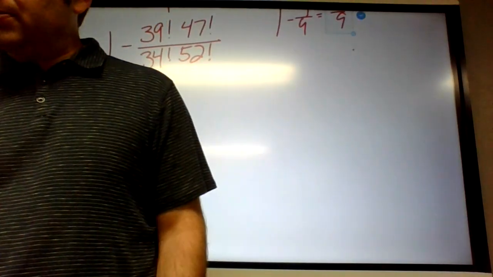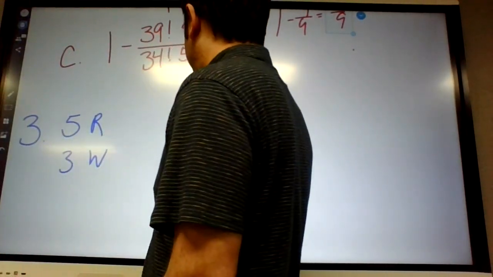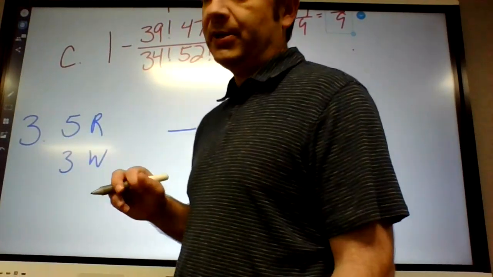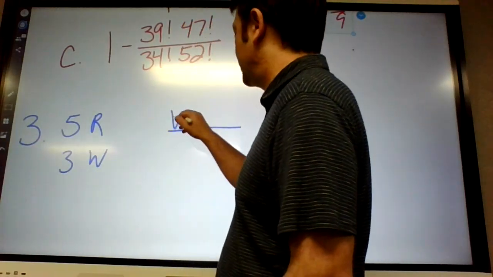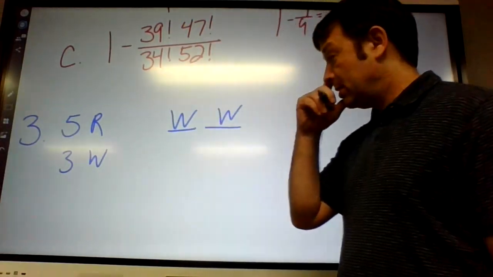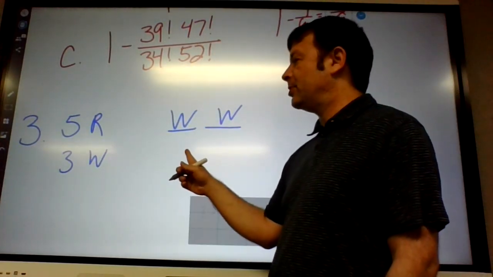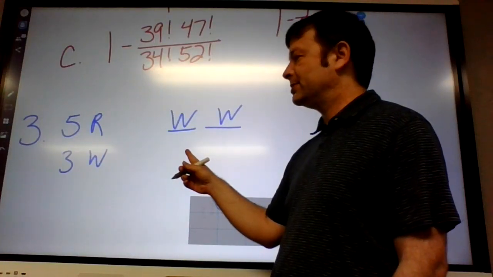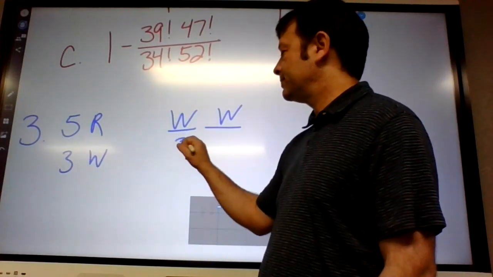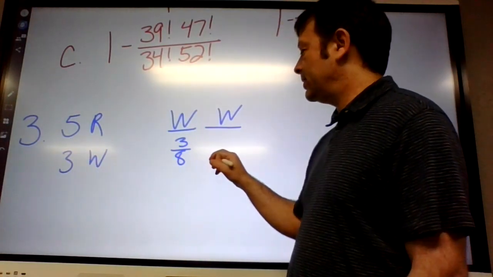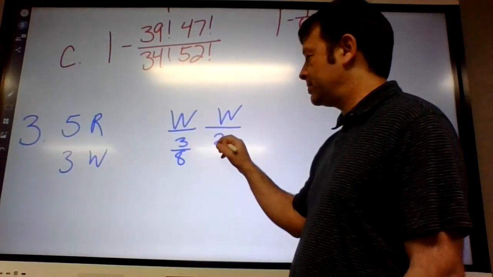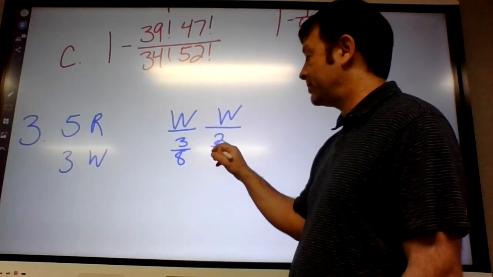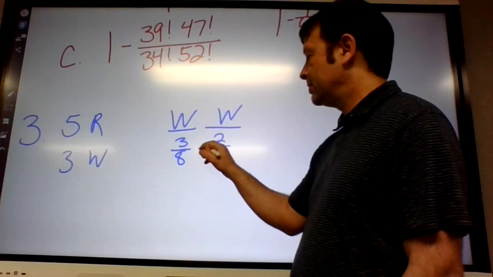Okay. 2 marbles are drawn, so there's like 2 events. And we want no red marbles, so we want white, white. Okay, what's the probability that the first marble I draw is white? 3 out of 8. Okay, and then if that happens, what's the probability that my next marble will be white? 2 white marbles left out of 7 total left.